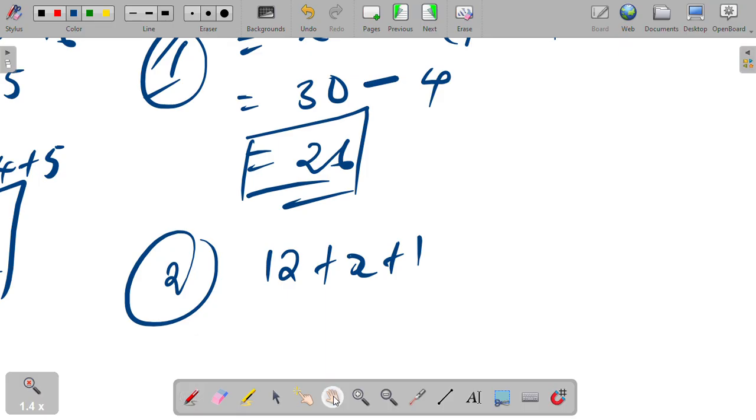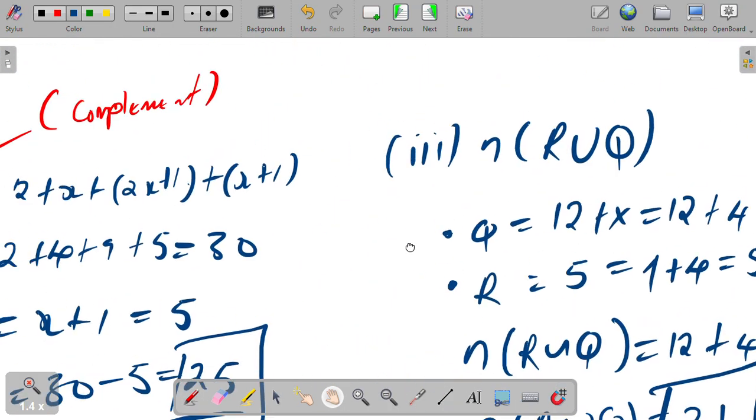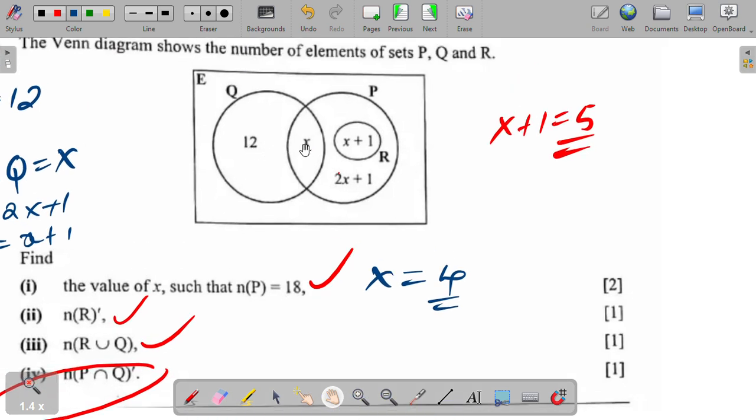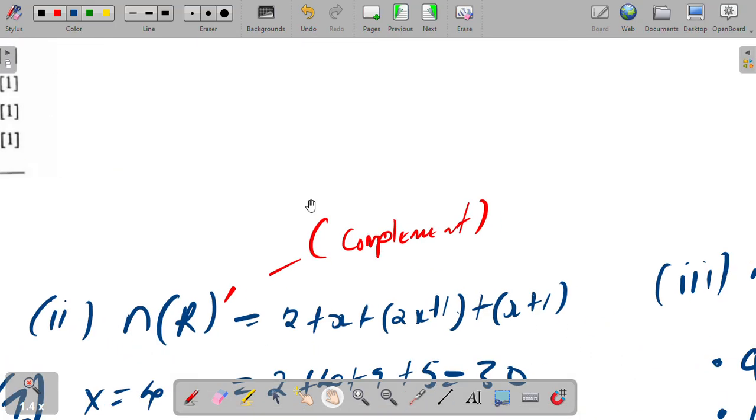What else are we adding? It's 12. We don't add this at the middle. Then x plus 1, and 2x plus 1.